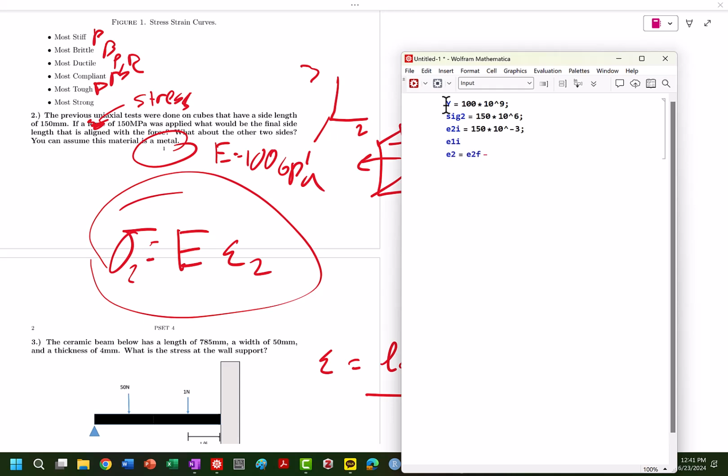E1 initial equals E2 initial, and we have E3 initial equals E1 initial. Strain 2 is equal to E2F minus E2I, divided by E2I. We can copy the exact same thing here for 3, and then 1.